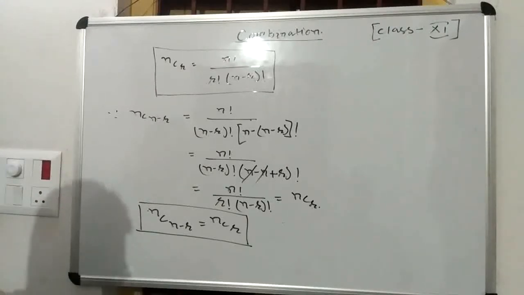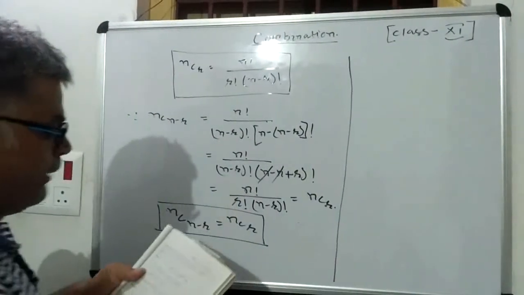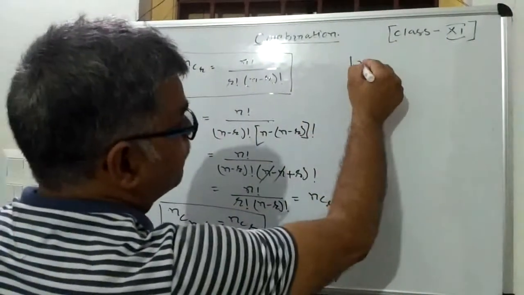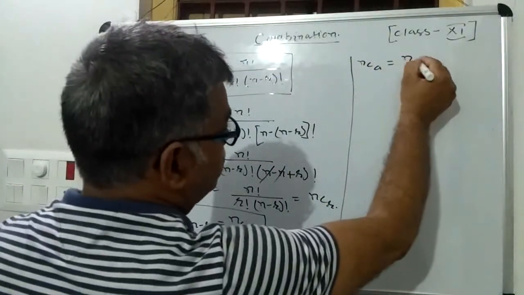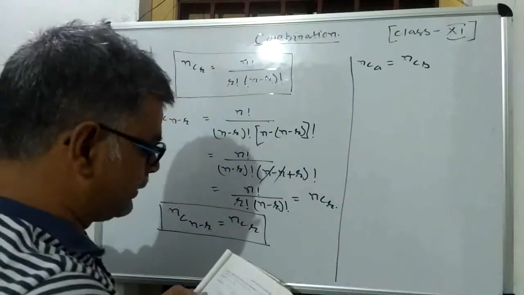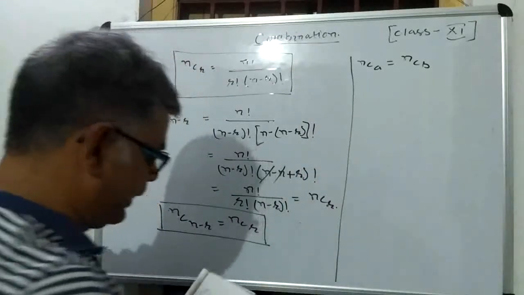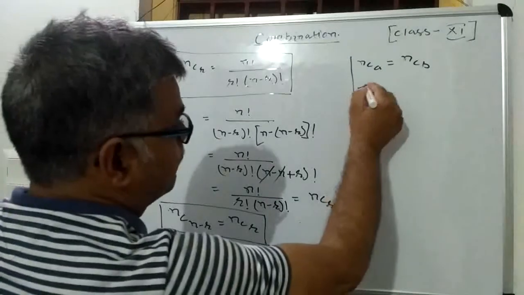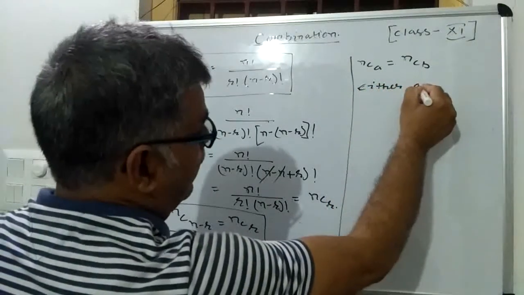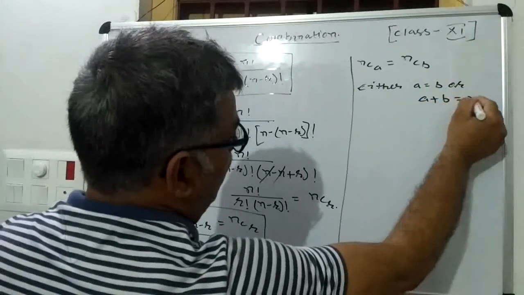Now the next result is: if nCa equals nCb, which implies that either a equals b or a plus b equals n.